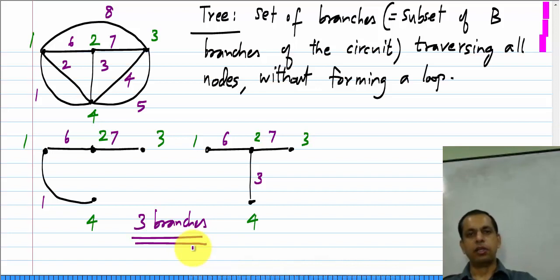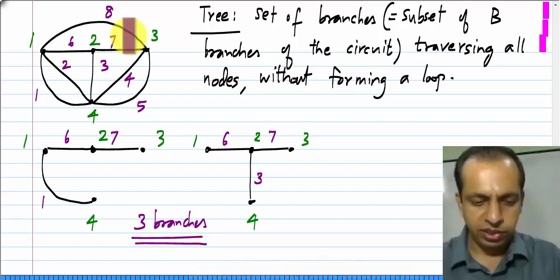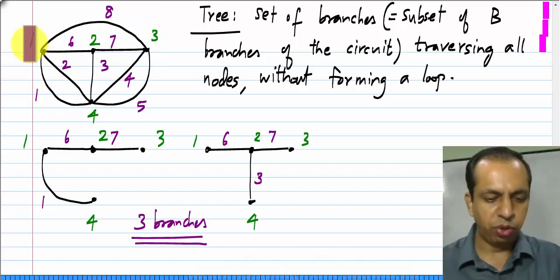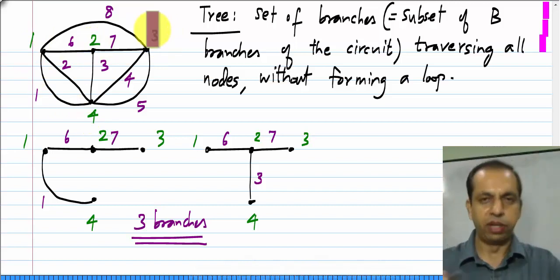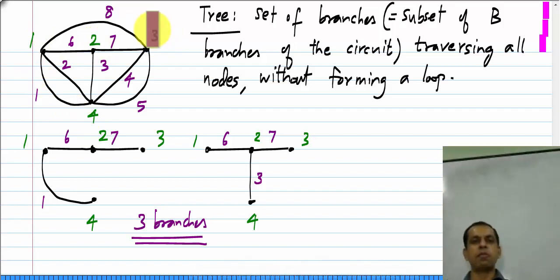Of course not. If you have n nodes, you start from one node, you go to the next one, you order the nodes in any which way you want. I have in this case shown 1, 2, 3, 4, but you could also have done a different ordering. You take any ordering of the nodes, then you connect branches from node 1 to node 2, node 2 to node 3 and so on.